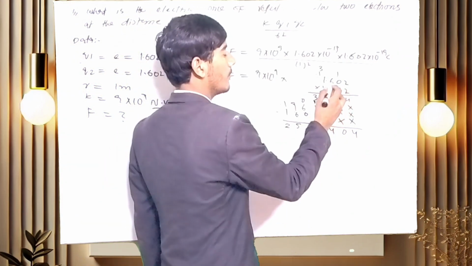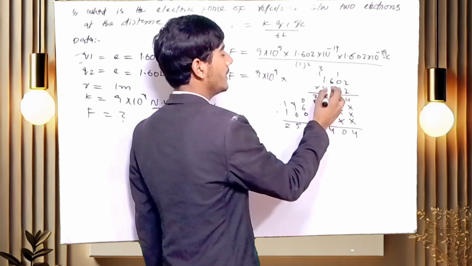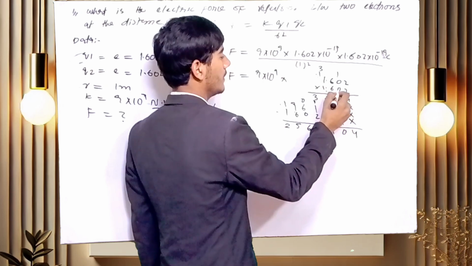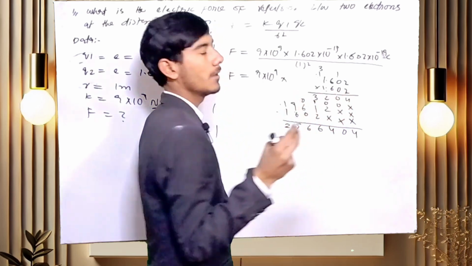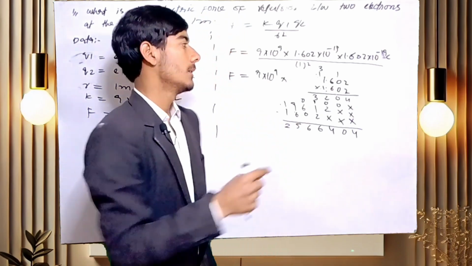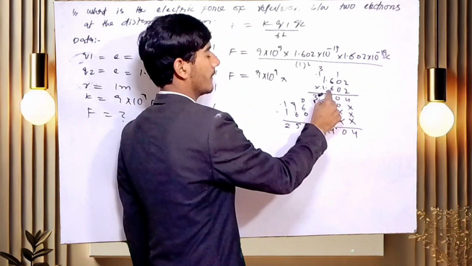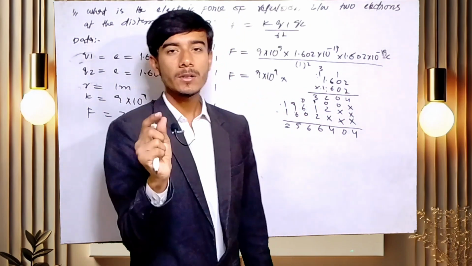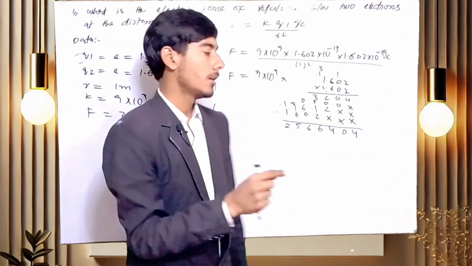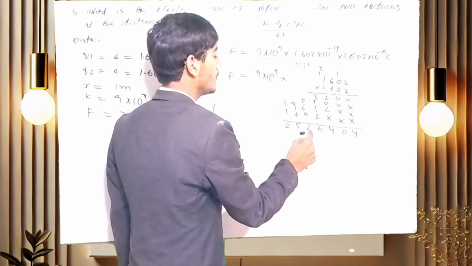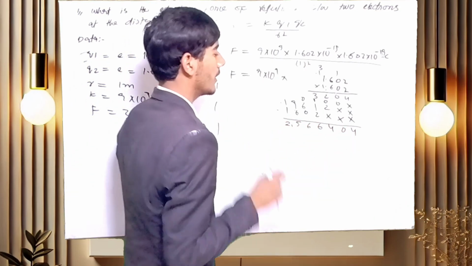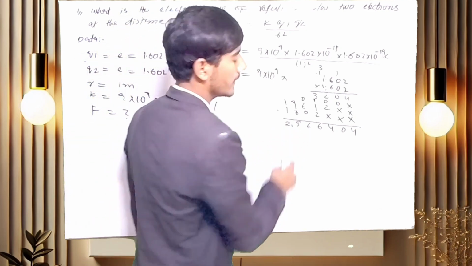So 3 plus 3 is equal to 6. That means we have to put the decimal point after 6 digits. So the answer is 2.566404. For simplicity, I am writing 2.566.